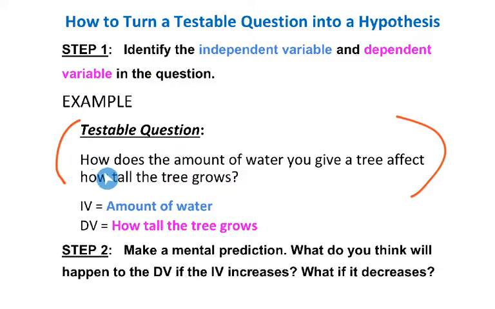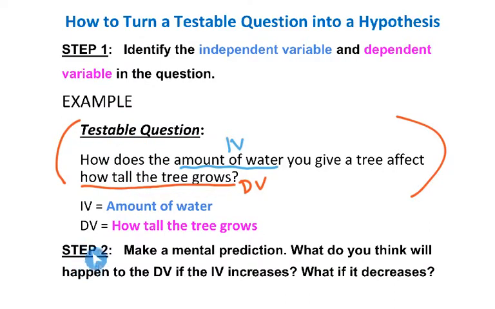Well, in this testable question, we know it's testable because there's an independent variable, which is the amount of water. That's the IV. And we know there's a DV. The DV is how tall the tree grows. So the independent variable is the amount of water, and the dependent variable is how tall the tree grows. That is our IV and our DV in this question.